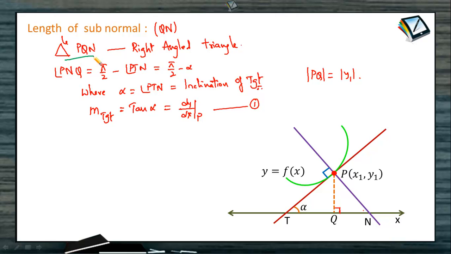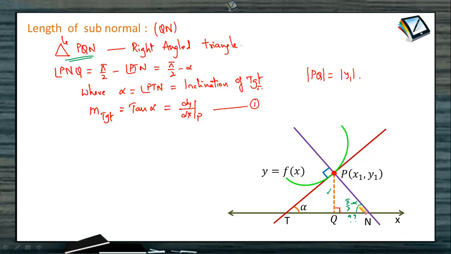Now let's come back to our triangle PQN. We have measured this angle, and this angle is 90 minus alpha. For this angle 90 minus alpha, Qn is your requirement, which is the adjacent side, wherein you know the height PQ.